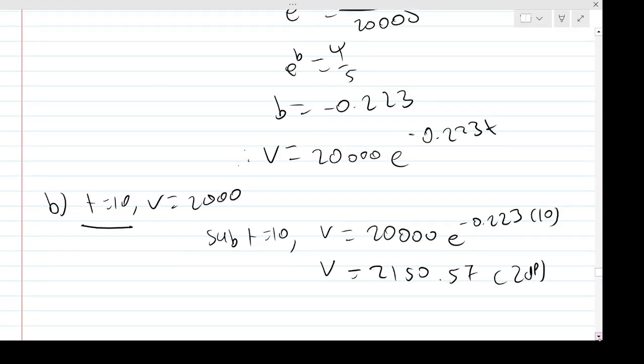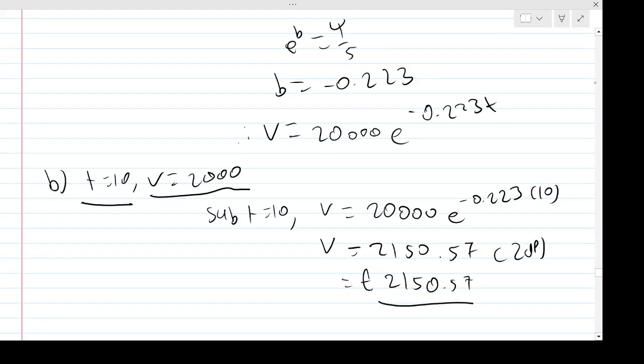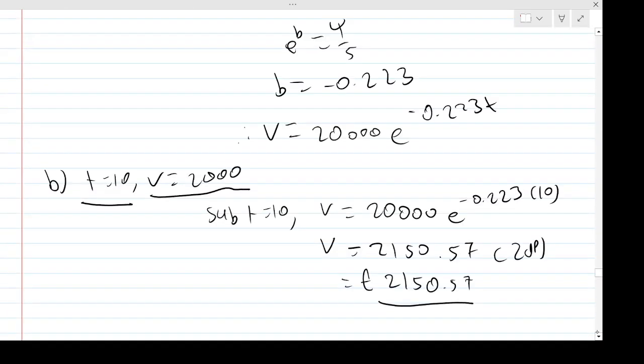So as a price, it's £2,150.57. Compare that to 2,000. In terms of the reliability, how close is the true answer of 2,000 compared to the model's prediction of 2,150?